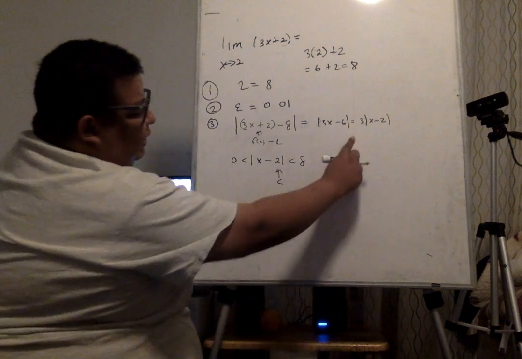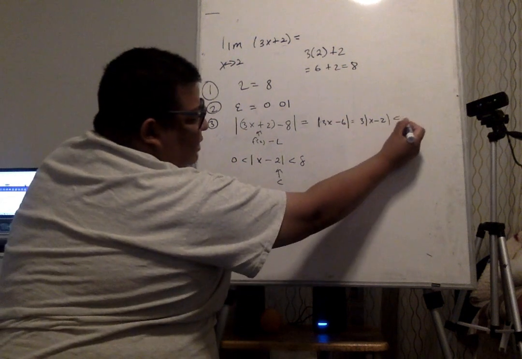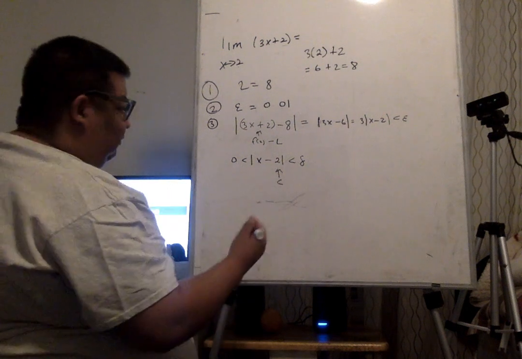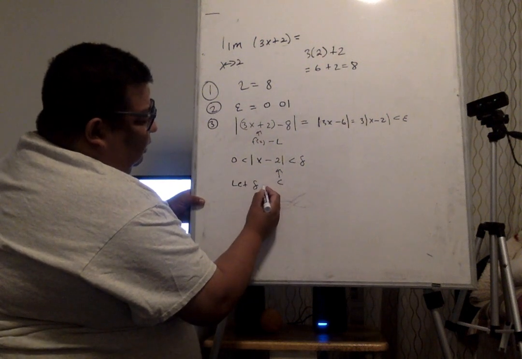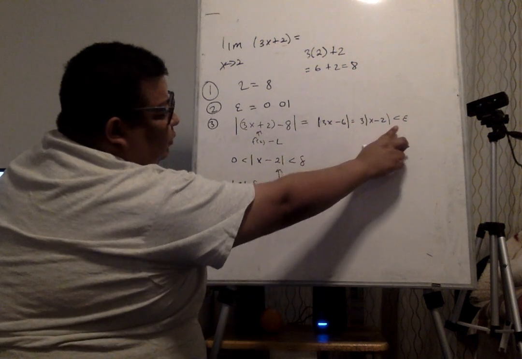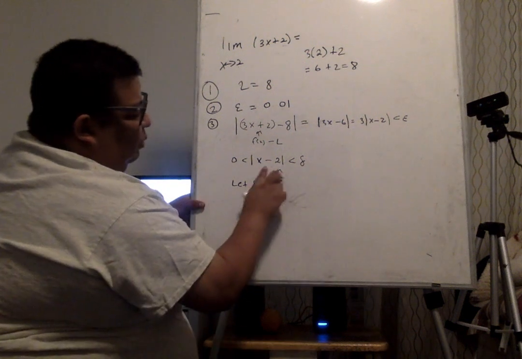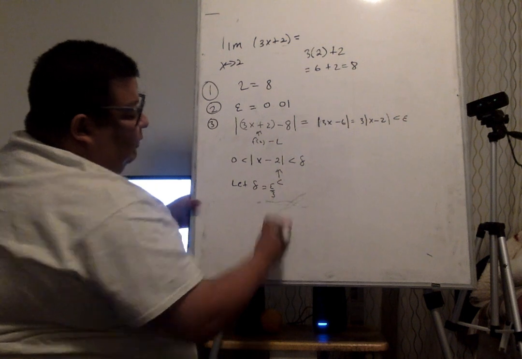So first, looking at this, it looks like this. Remember, this is less than epsilon. So what if we let delta be equal to epsilon over 3, because if we divide by 3, we're left with x minus 2. That's what we have here. So let delta be epsilon over 3.